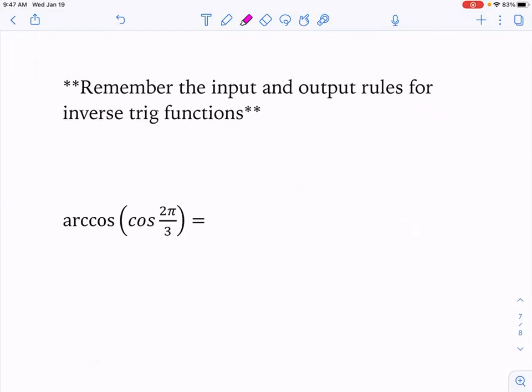Composition, a function inside of a function. So what happens if we compose a trig and an inverse trig function together? I need you to remember our domain and range for your inverse trig functions. Our inverse trig functions are very picky.